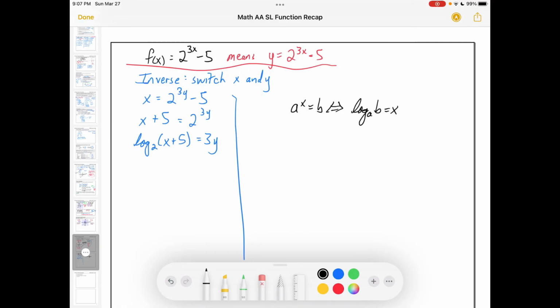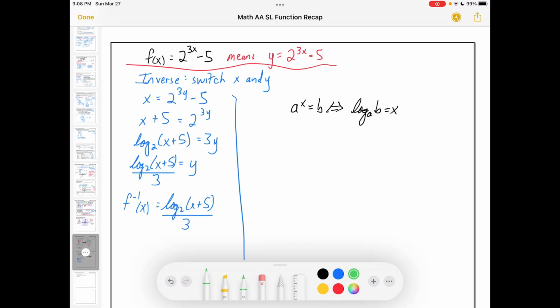Just changing forms. You may have other mnemonic devices that you use to help you remember that. We're just switching forms. And again, this is not the only way to deal with this one. And now I can just divide by 3. So I'd have log base 2 of x plus 5, over 3. That's our inverse function. f inverse is log base 2 of x plus 5, over 3.